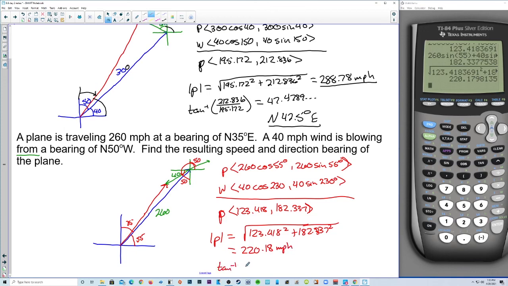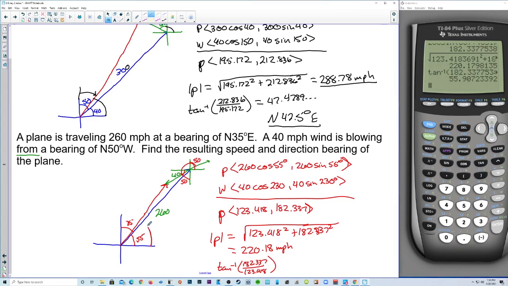And inverse tangent of 182.337 over 123.418. Let's find out what that is. Inverse tangent of the 182 divided by 123. And so the unit circle angle is 55.9 degrees, and that's to the red.